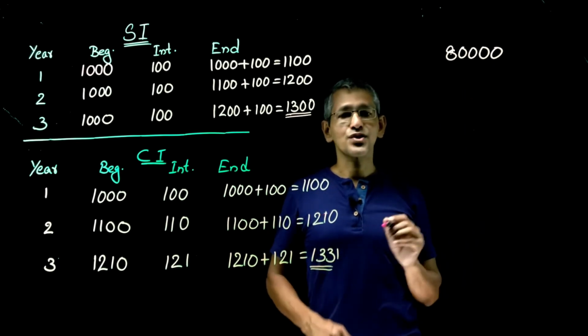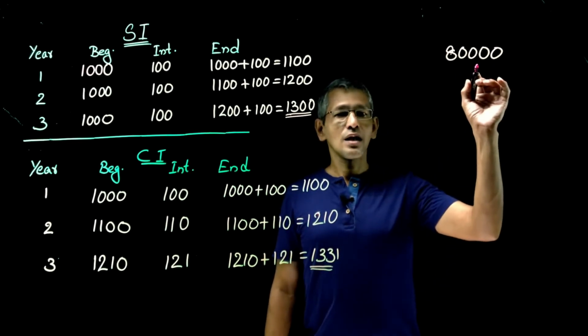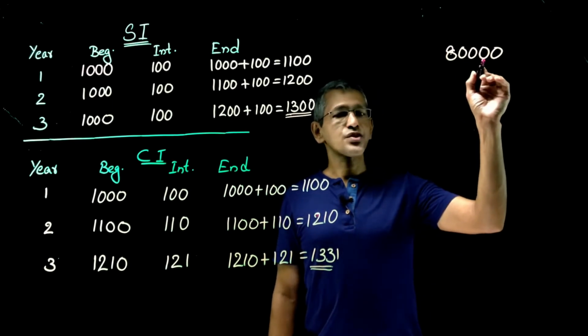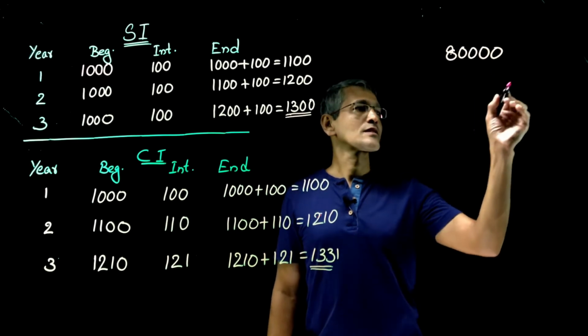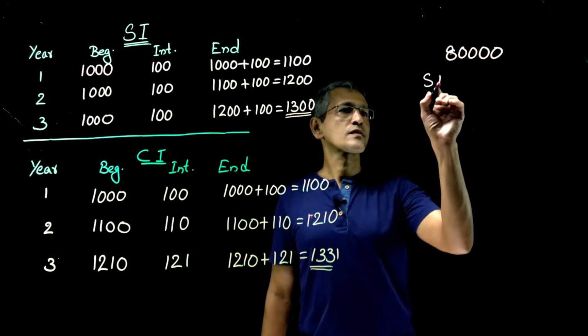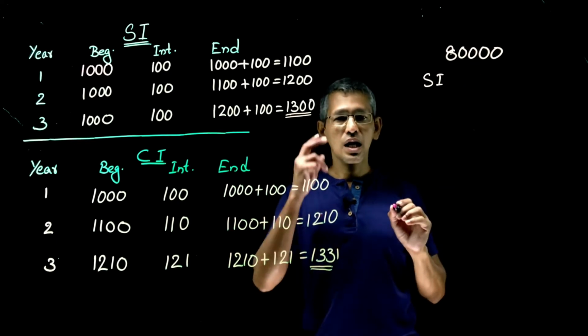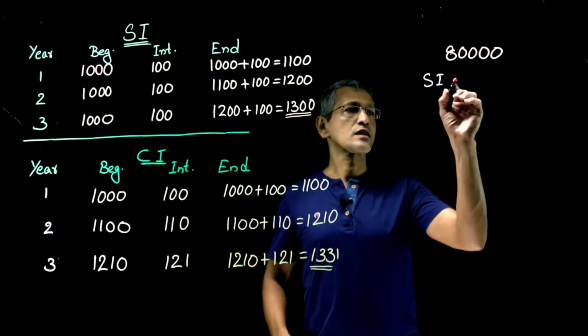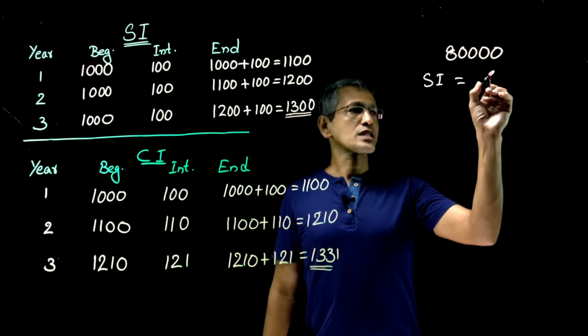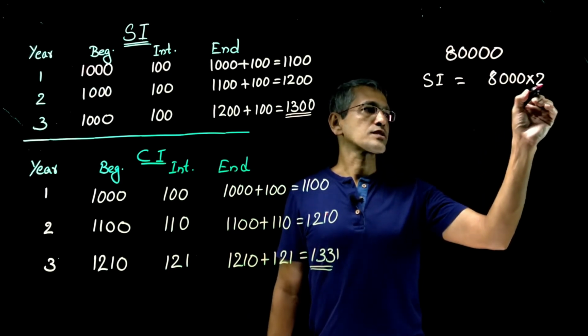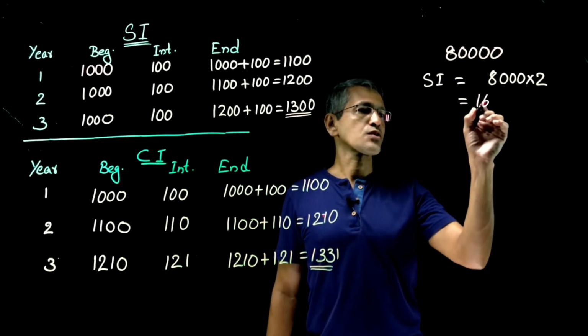If it is simple interest, say 10% per annum, how much is that? Simple interest, 10% per annum, it is 8,000 rupees. And they invest for 2 years. So 8,000 into 2 years, correct? How much is that? 16,000 rupees.